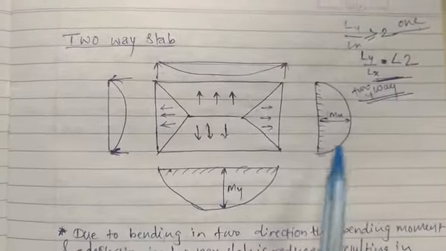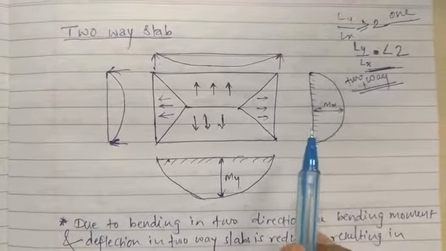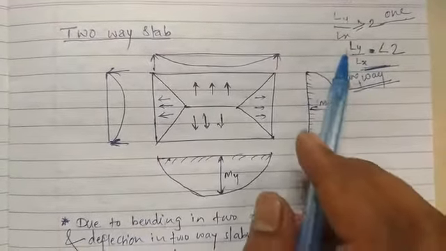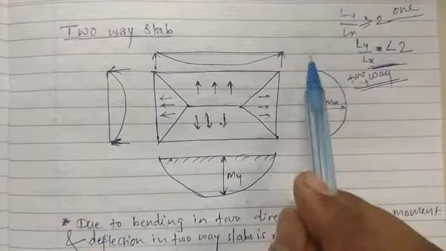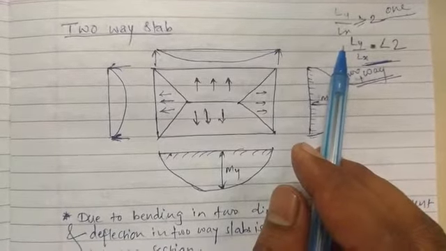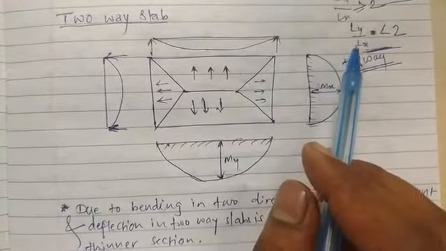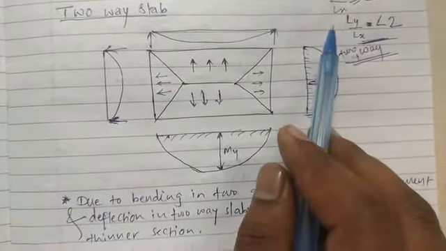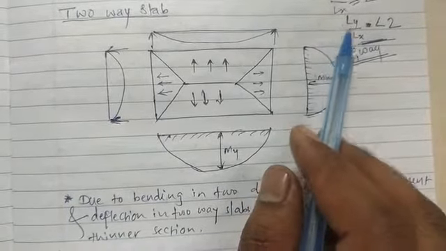In the two-way slab, we know that this ratio is less than 2. It means that the longer side is not that much larger than the shorter side; these two sides do not have much difference.